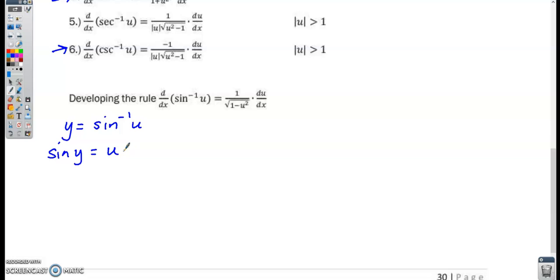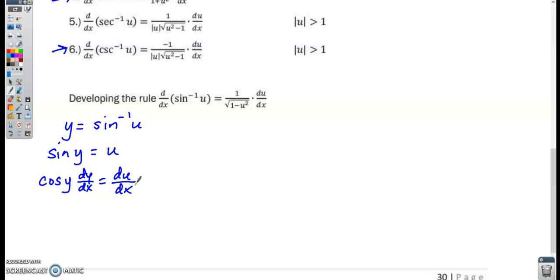Okay, now this is something that I already know the derivative rules for sine, and I already know for u, so I can take the derivative of this with respect to x and see what happens. The derivative of sine of y, I take the derivative of the outside, leaving the inside the same, times dy dx. And here I take the derivative of u, there's my du dx.